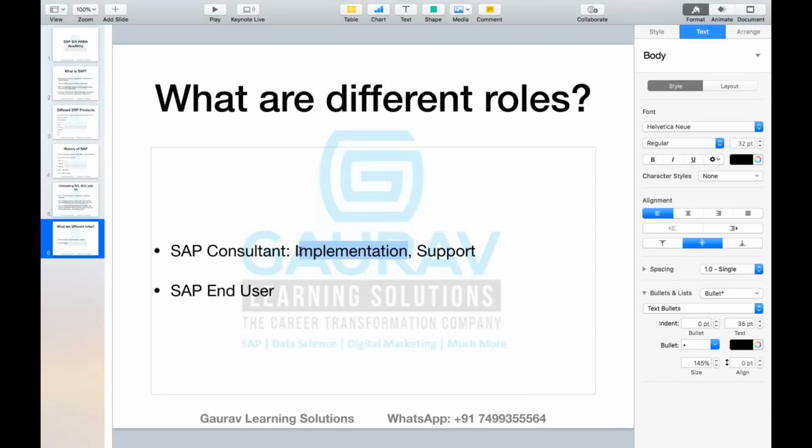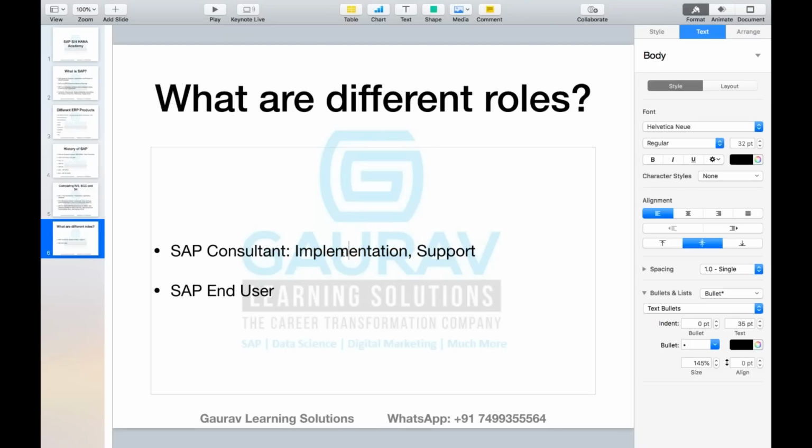But implementation is normally customer facing, so you normally have to visit the customer's premises. Nowadays, because of COVID and other factors, if travel is required, say your customer is in Europe or the US, implementation can often be handled offline, but at least a few consultants will be on site during the implementation project.